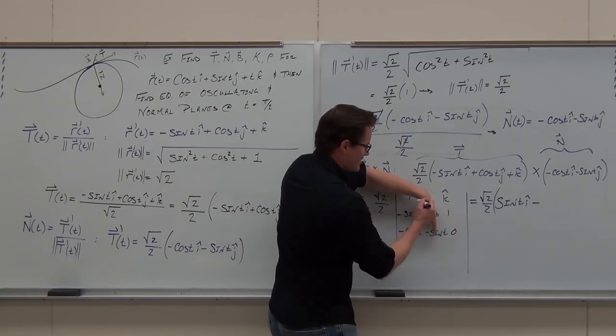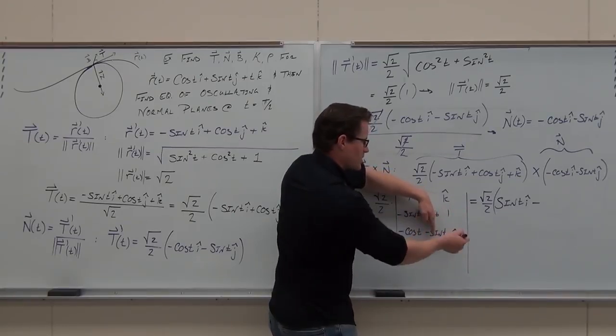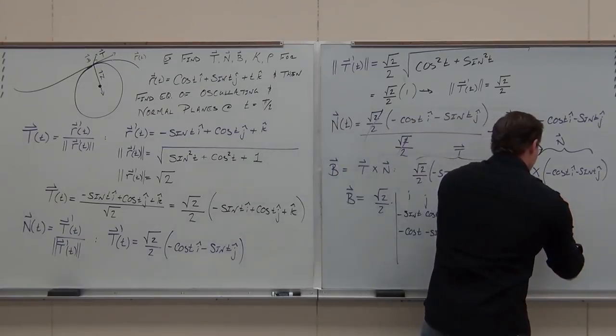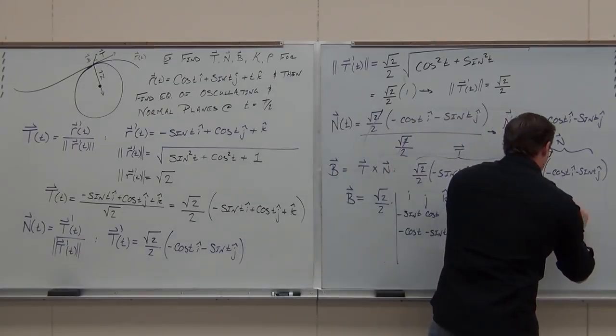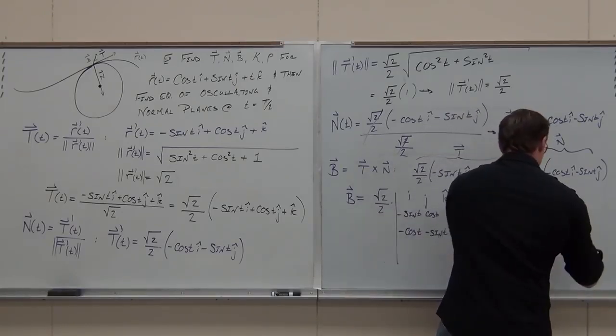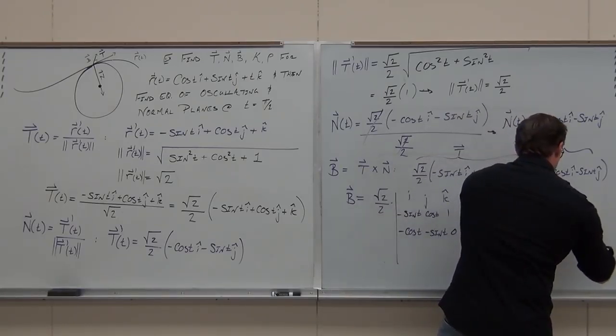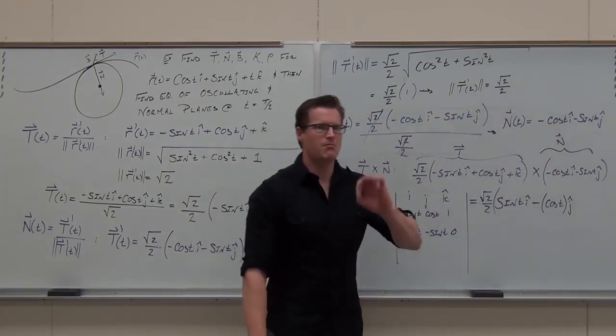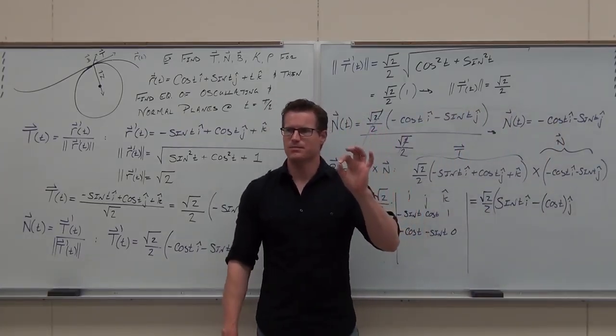So 0 minus negative would be cosine t j. So minus, does that make sense to you?